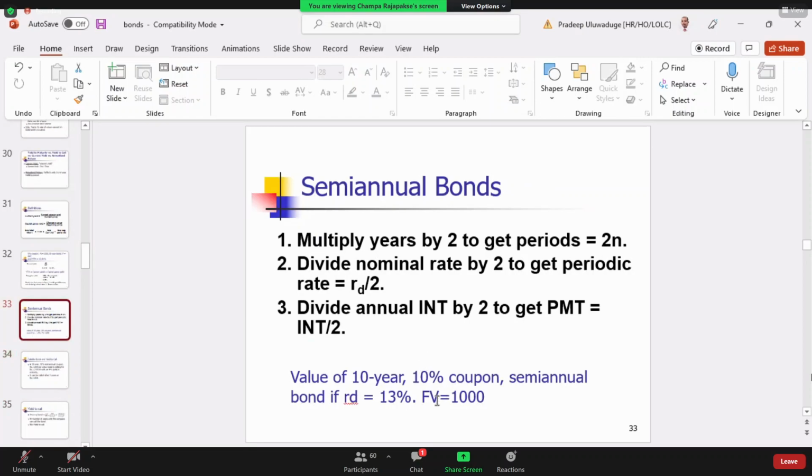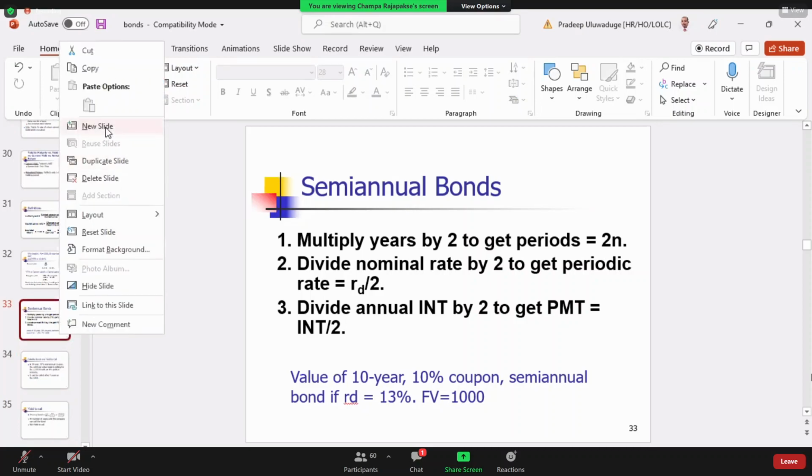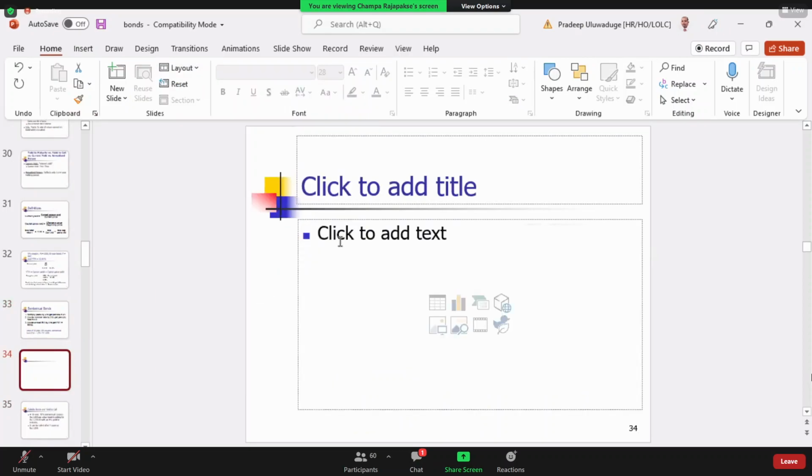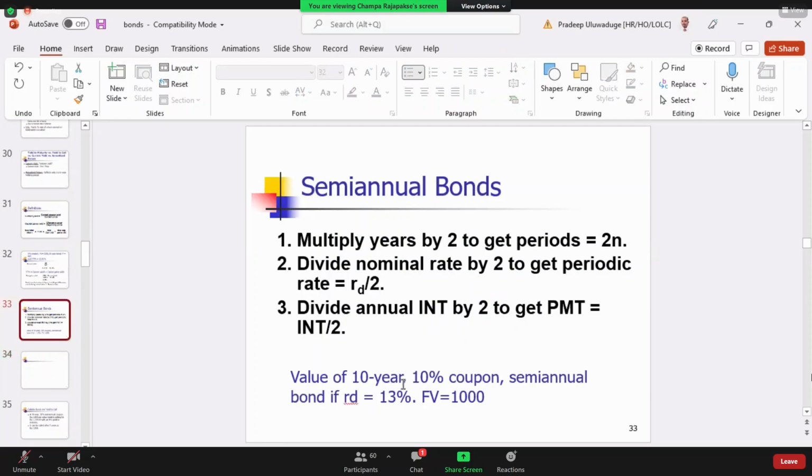Let's see how we should go about doing it. 10-year, 10% coupon, semi-annual bond, if discount rate is 13%.